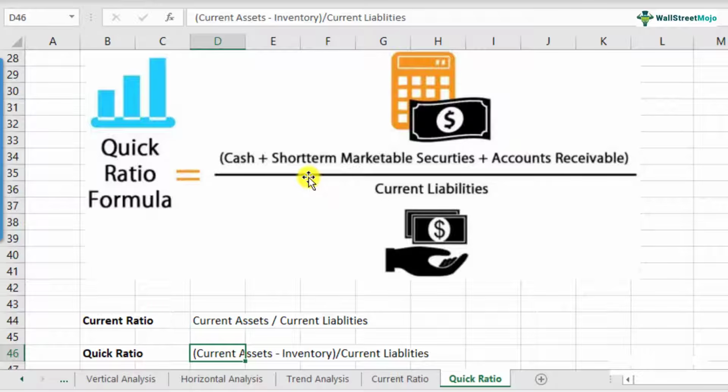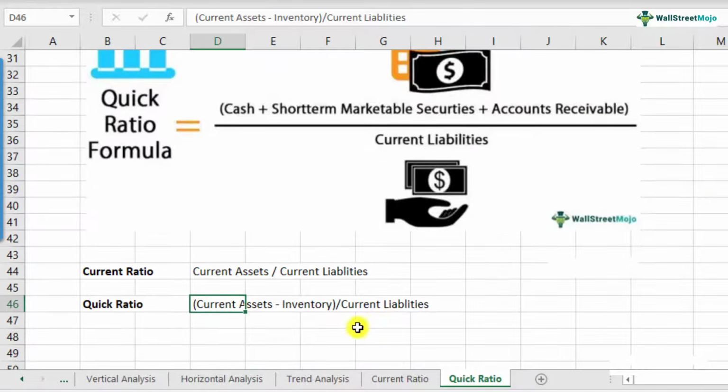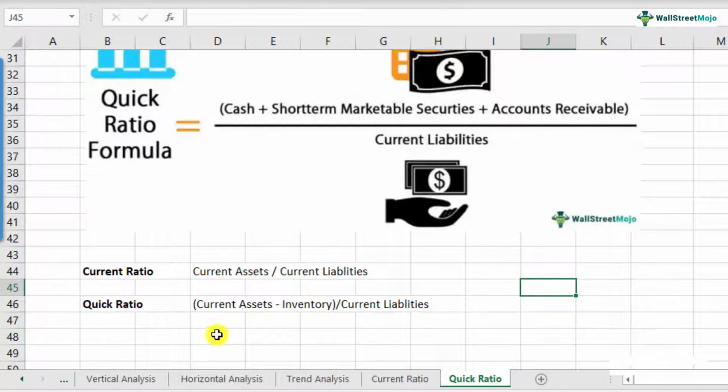Once the sales process happens, if it is in cash, you get cash, right? But if it isn't, you convert that into account receivable. So inventory has a long process of converting that current asset into cash. So that's why you reduce the inventory from the numerator.